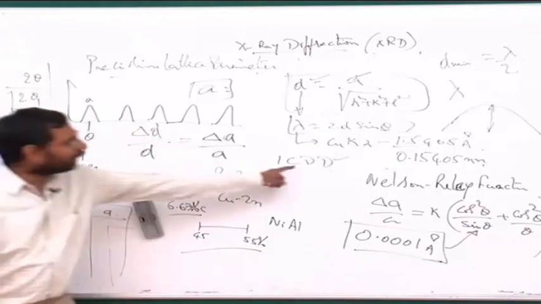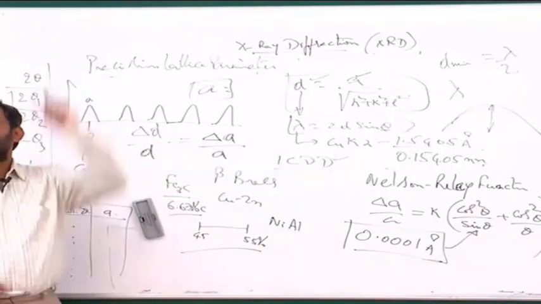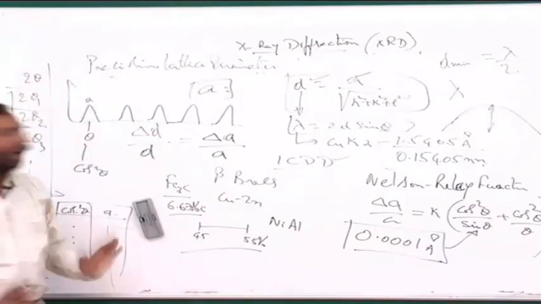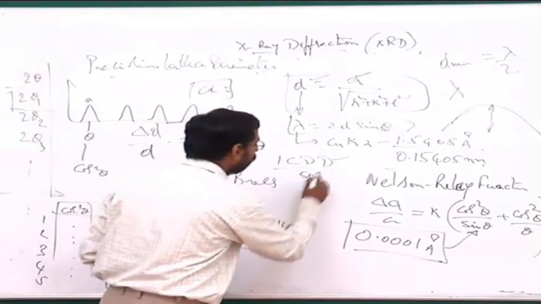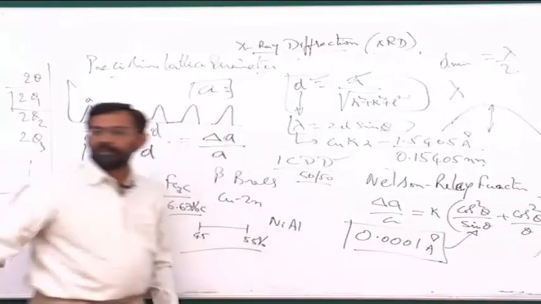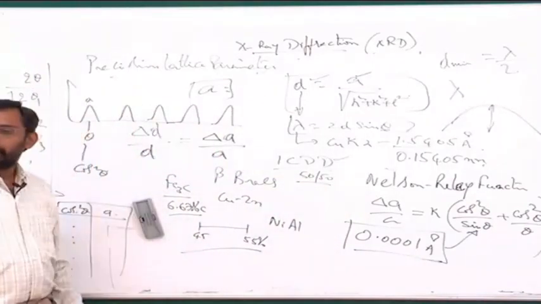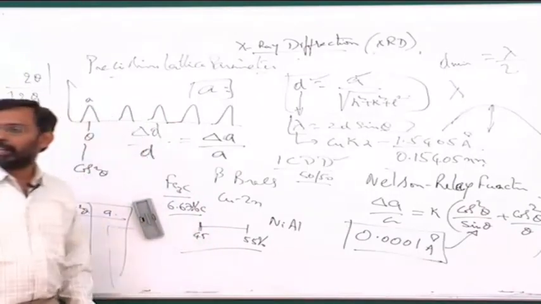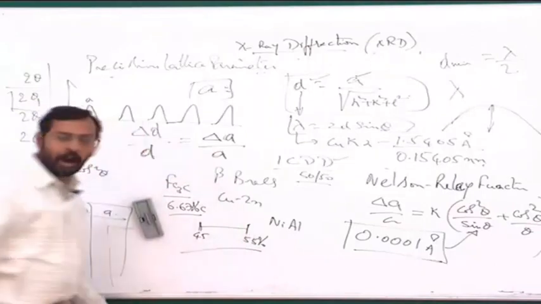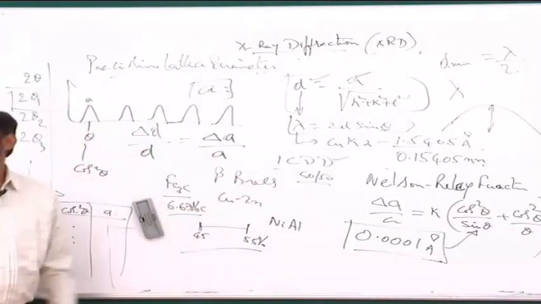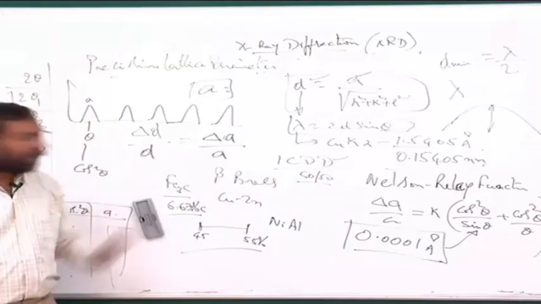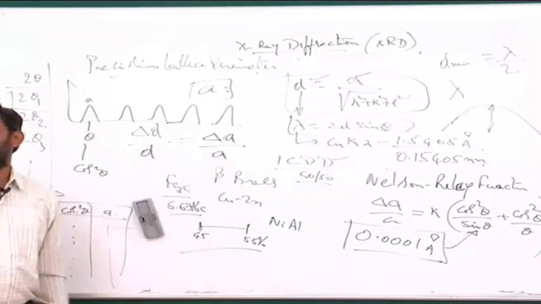Then if I look at ICDD, it will give you the NiAl lattice parameter, the NiAl table, and what it gives you is for a 50-50 composition. If your phase by any chance in your system has 45% of nickel or 55% of nickel, obviously your lattice parameter is going to be different. So the lattice parameter that is given in the ICDD may not exactly match with your lattice parameter.